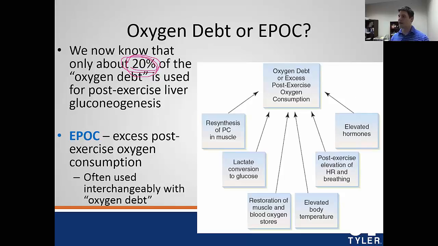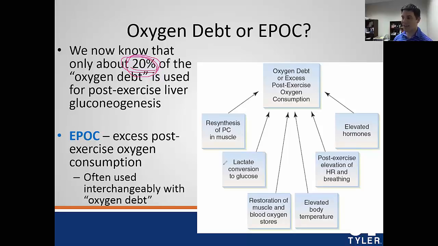So here's our EPOC, here's our mechanisms for why EPOC occurs. First, we're resynthesizing phosphocreatine in muscle, right? So we used all of that early on, or a lot of it, in the phosphocreatine system early on in that oxygen deficit. So we have to put that phosphate group back on the now bare creatine to make ATP.